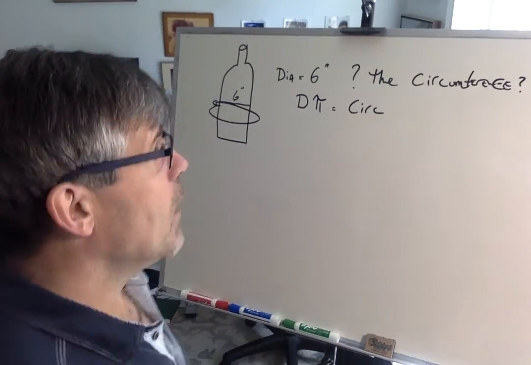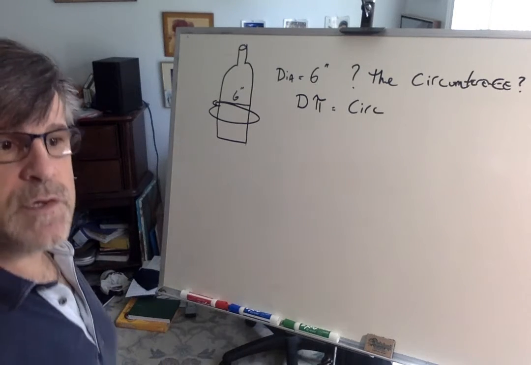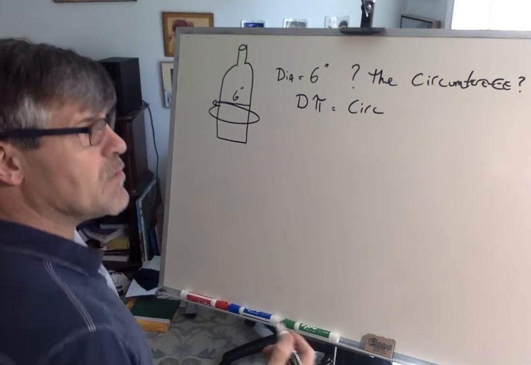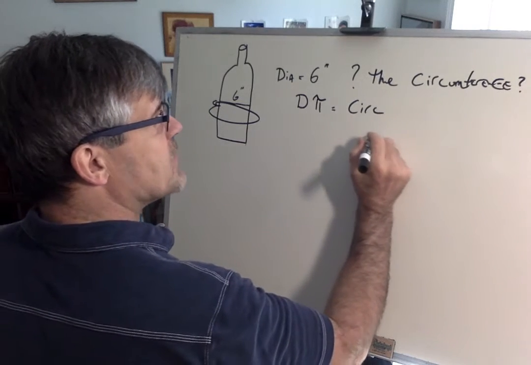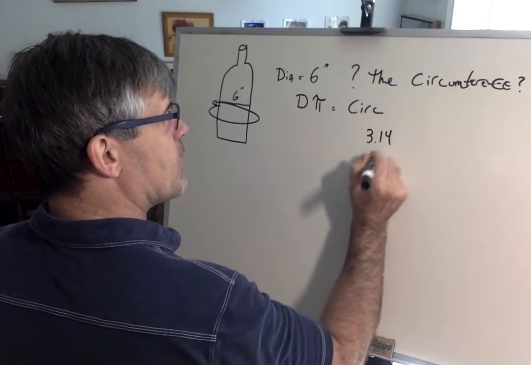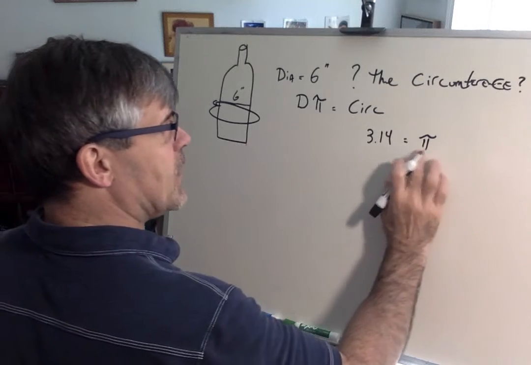Okay, so it's not a big number, so you can use a calculator if you prefer, but I'd rather have you exercise your mind, use a pencil and paper. And I'm going to set this up right here as 3.14, and we're going to multiply because this equals pi. All right, that's a symbol for pi.